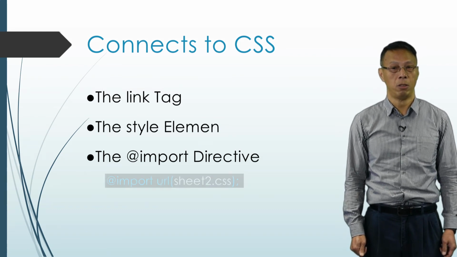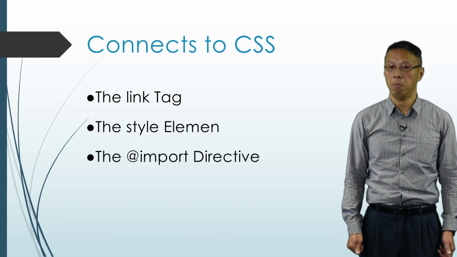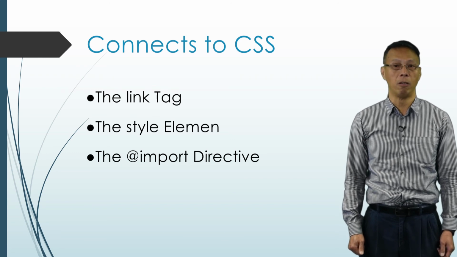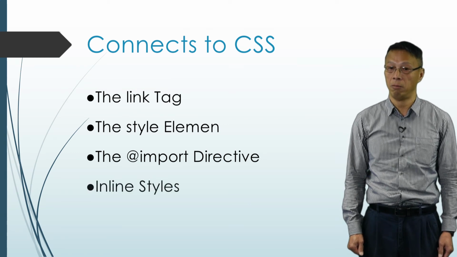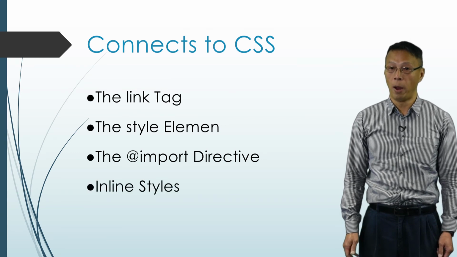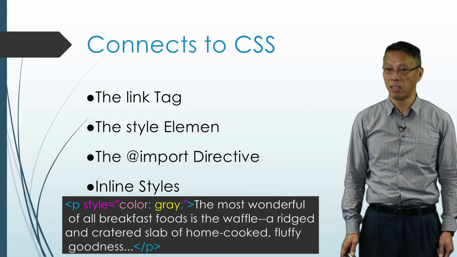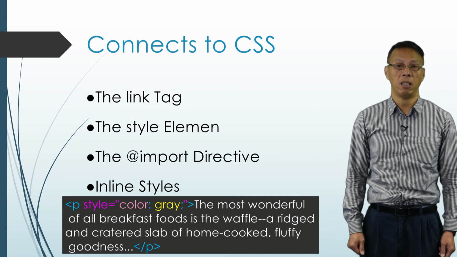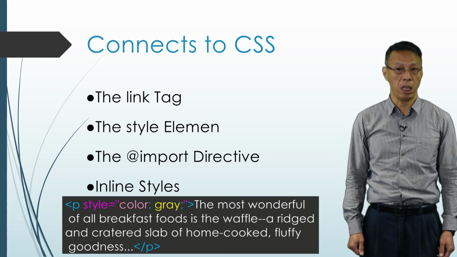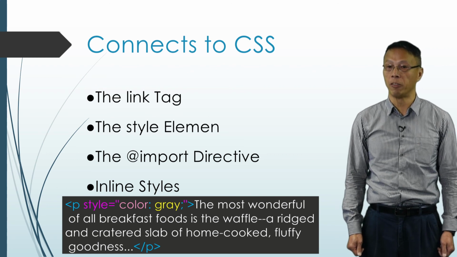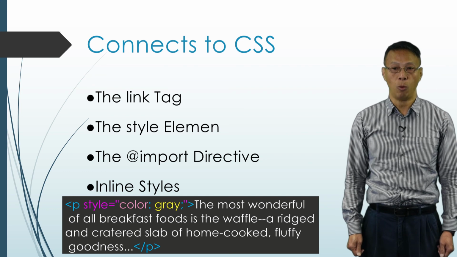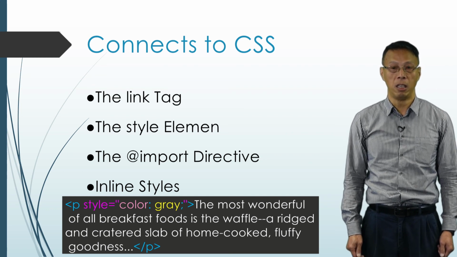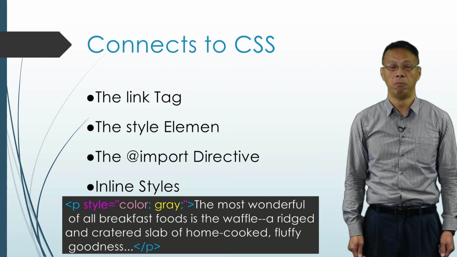Of course, the most primitive method without linking anything externally would be using the inline style. For example, in the last example in the slide, we can have the element P with the definition of style, specifying the attribute color with the value of gray. It can be done also.